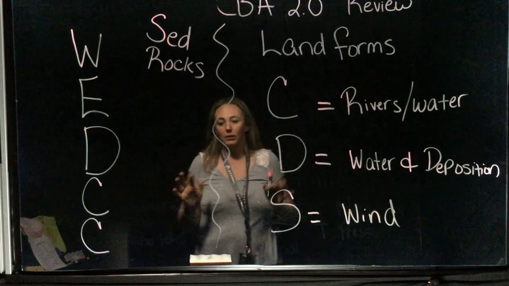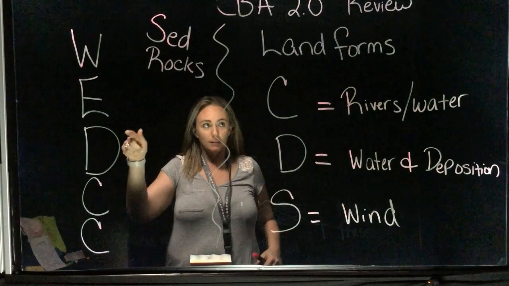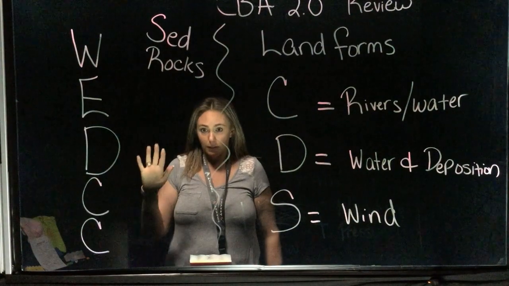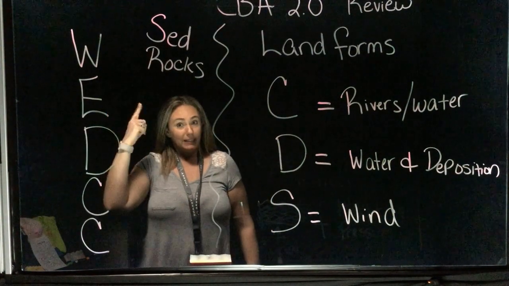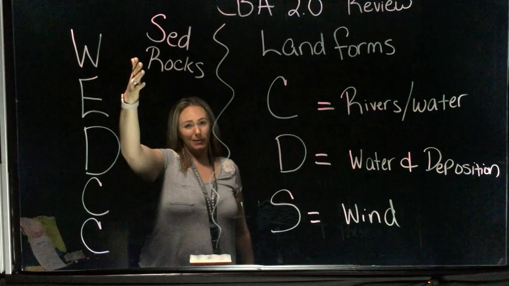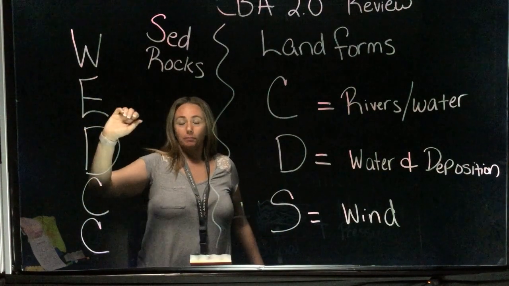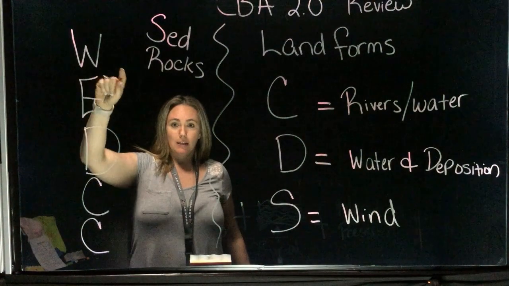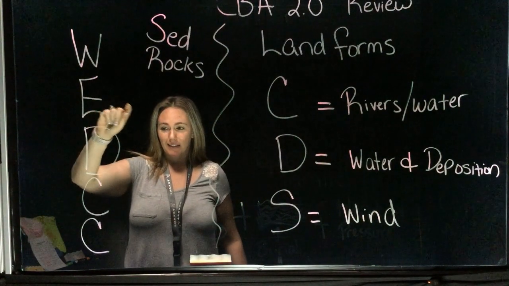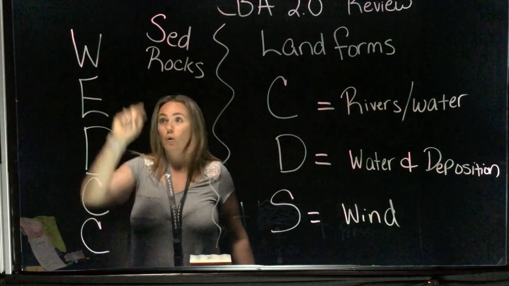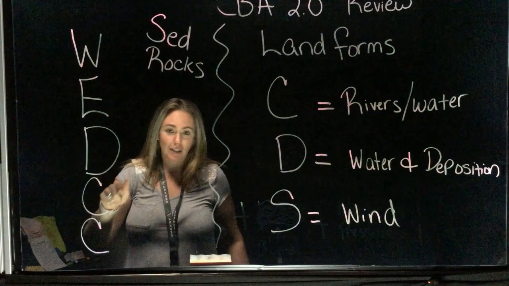Okay, so I want to finish up and talk about sedimentary rocks and landforms. So let's start with sedimentary rocks. Sedimentary rocks, okay, guys. Wet CC. How are sedimentary rocks made? How is it? Wet CC. We came up with we eat, and this is a new one for you, delicious candy canes. Or we eat delicious chocolate chips.